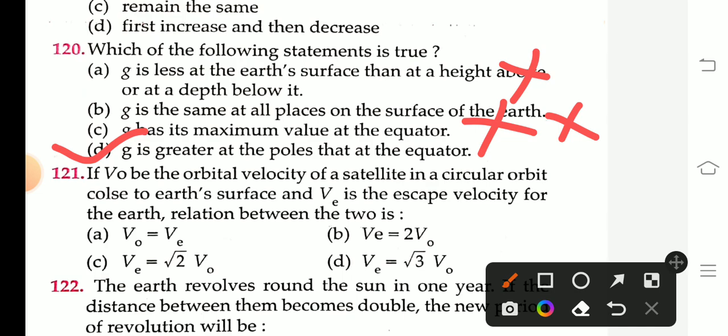If v0 is the orbital velocity of a satellite in a circular orbit close to the Earth's surface and ve is the escape velocity for the Earth, the relation between the two is ve equal to root 2 v0.